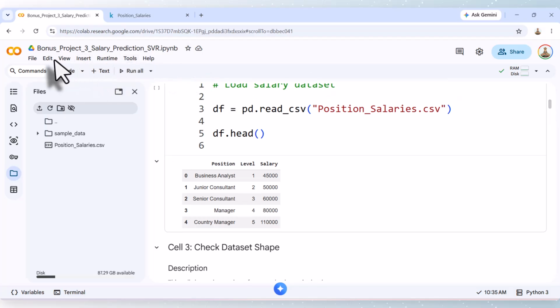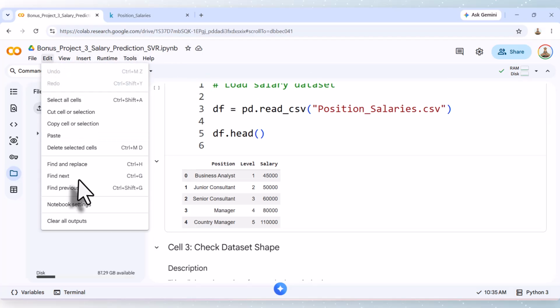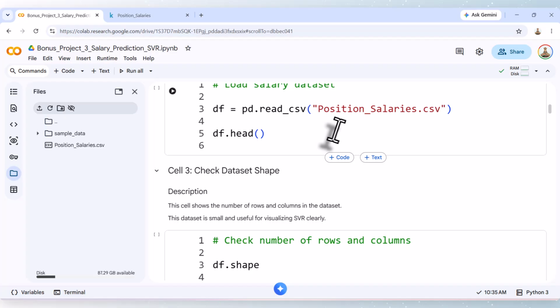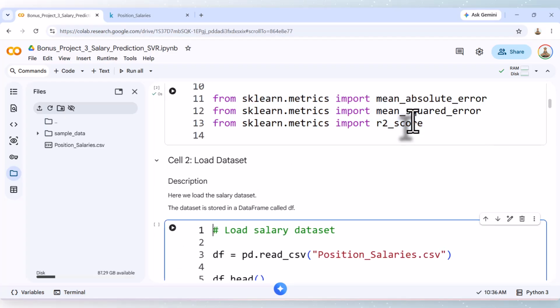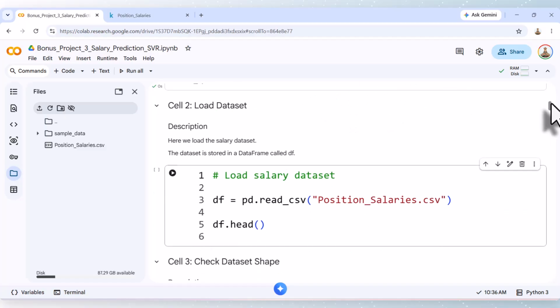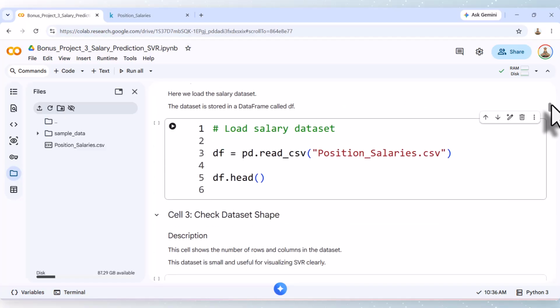Then we are going to load the data set. Okay, let me clear all the outputs first. Now the data set is loaded using pd.read_csv. This data set is stored in a data frame called df.